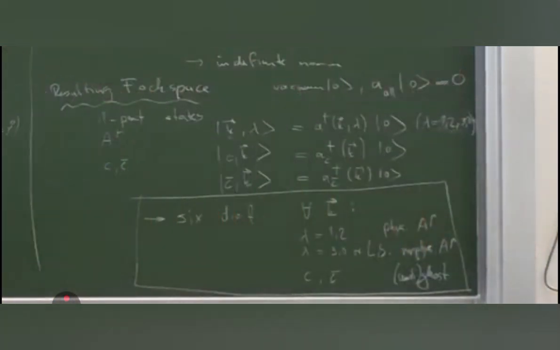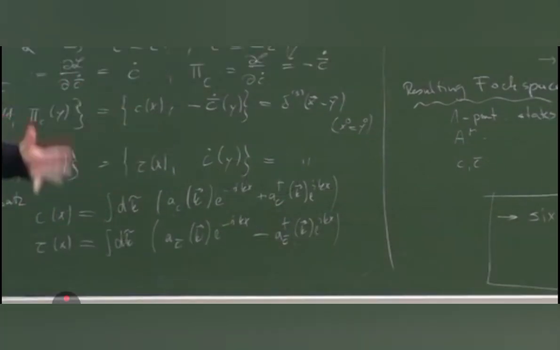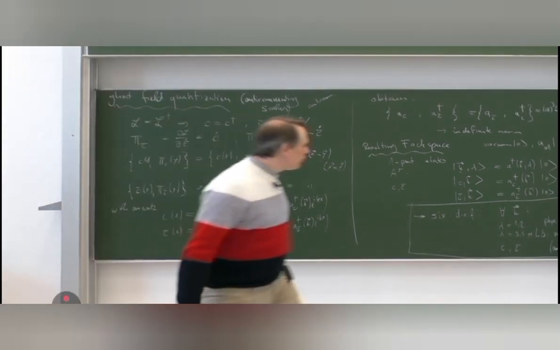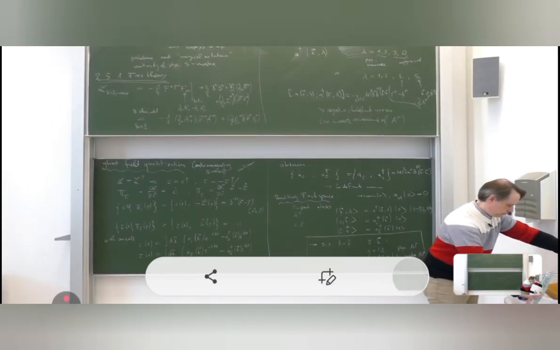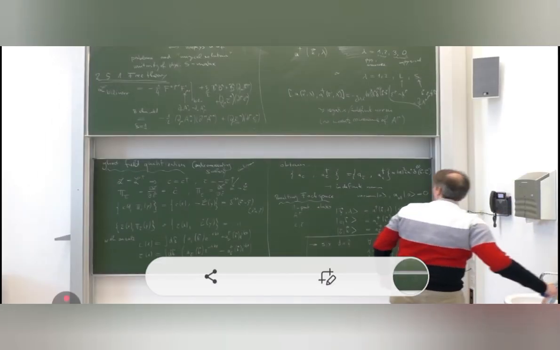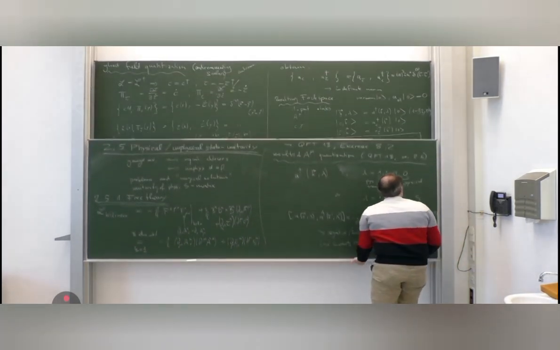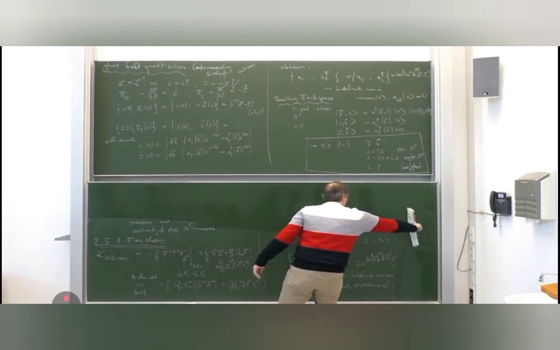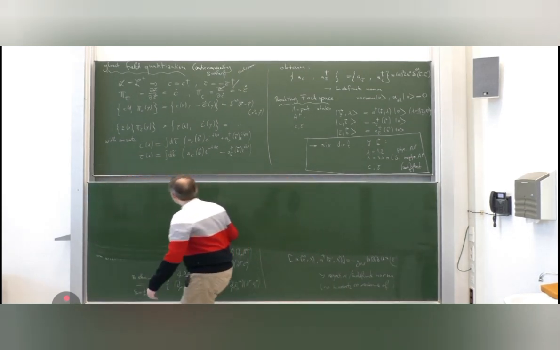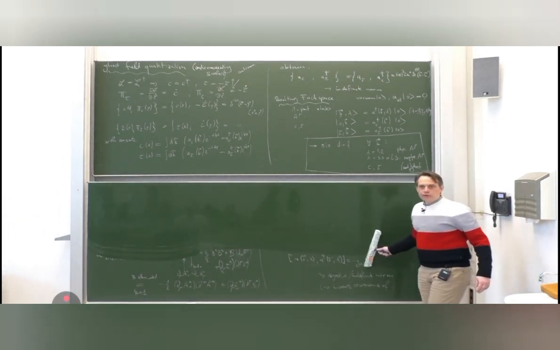Okay, and then in a similar way, you can of course create multi-particle states, and then you can have multi-particle states consisting of all combinations of those 6 types of one-particle states. And here now in this discussion I completely neglected the color index of the gauge group, the small a.